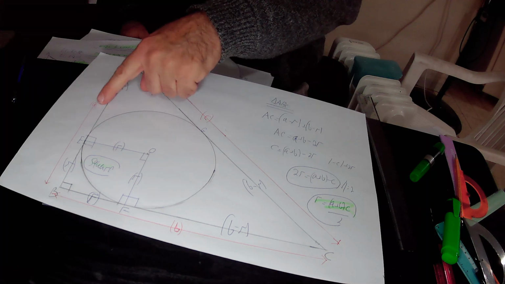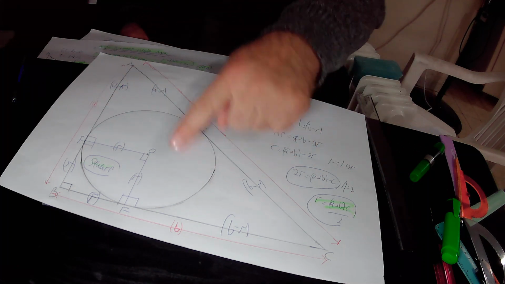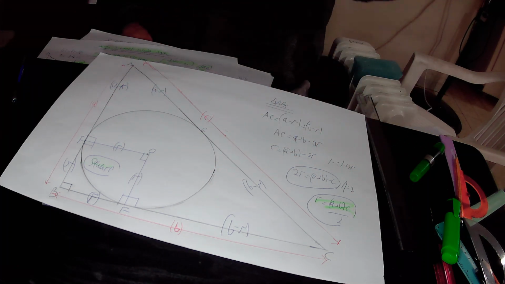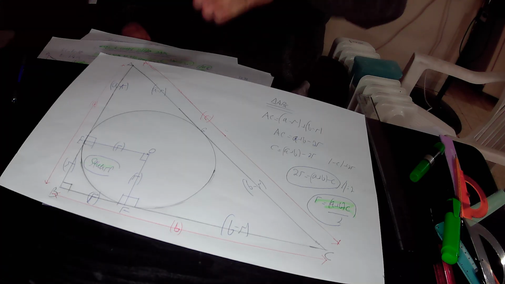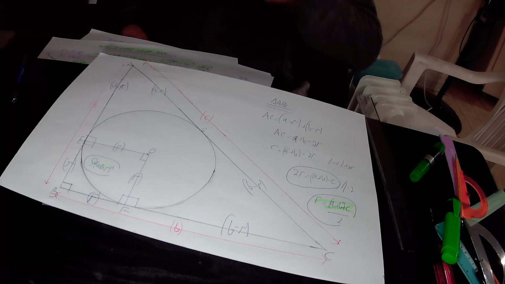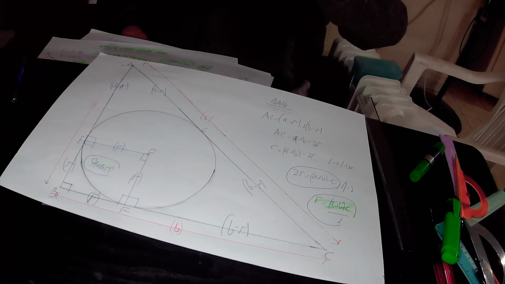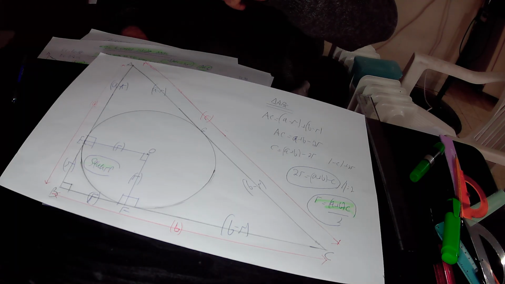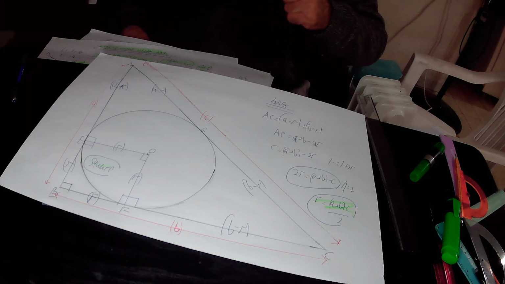Side AB equals a units in size, side BC equals b units in size, and the hypotenuse AC equals c units in size. The radius of this circle is r, according to our definition, and our task is to find the radius r in terms of the size of this triangle ABC, that is to say, with the expressions a, b, and c.